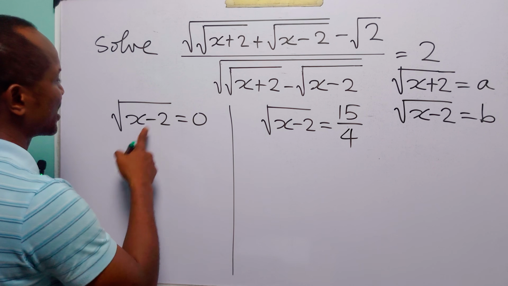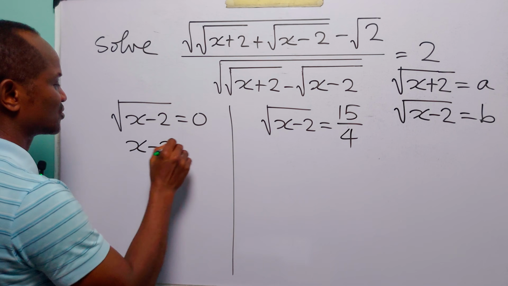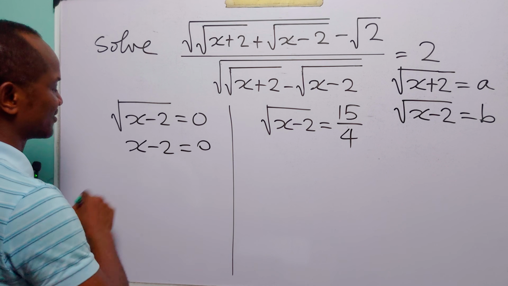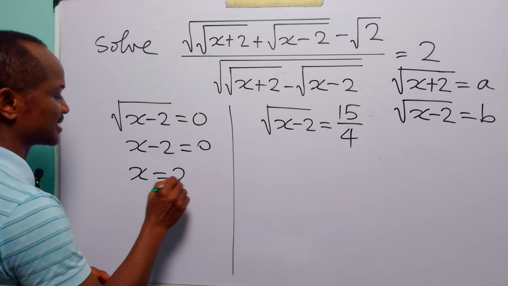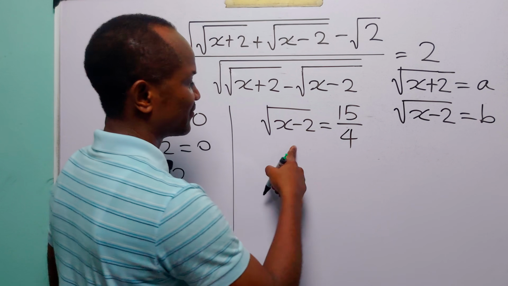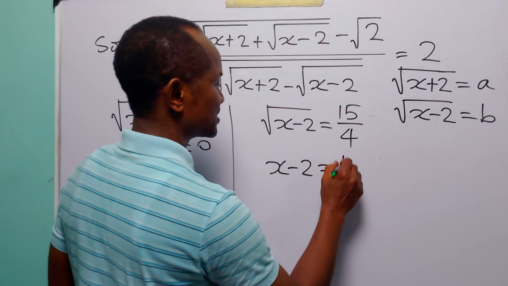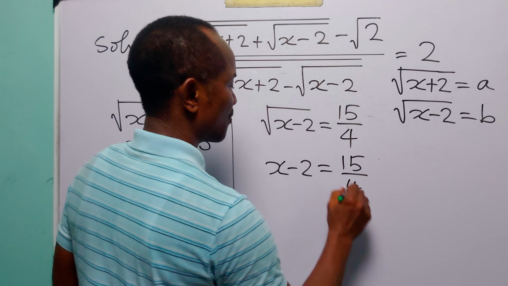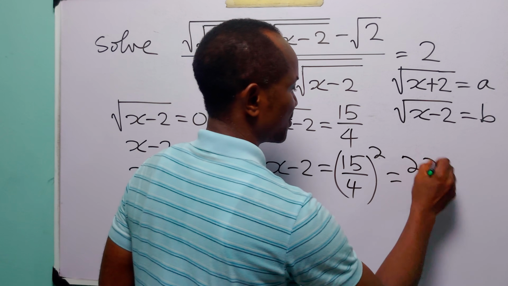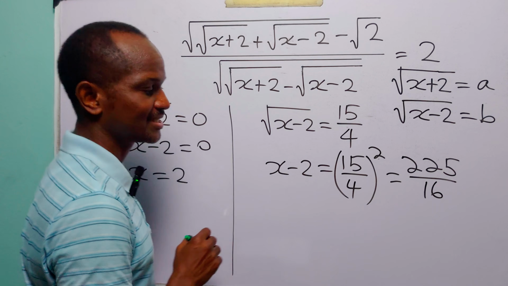And finally, when we square both sides of this first equation, we have that x minus 2 is equal to 0. When we add 2 to both sides of the equation, we have that x is equal to 2. Once more, when we square both sides of this second equation, we have that x minus 2 is equal to (15 over 4) squared. 15 squared is 225 and 4 squared is 16.